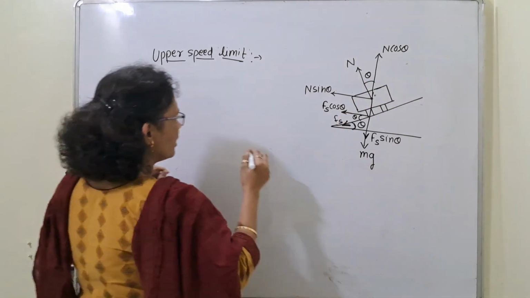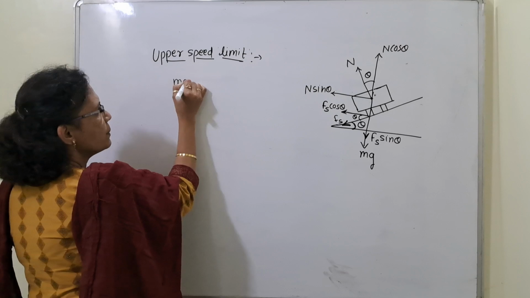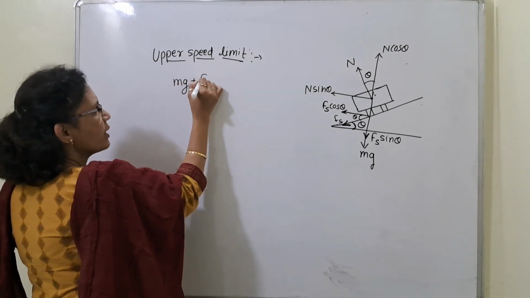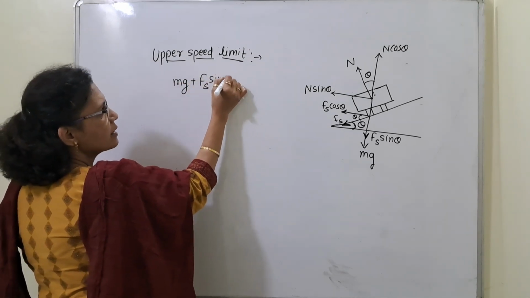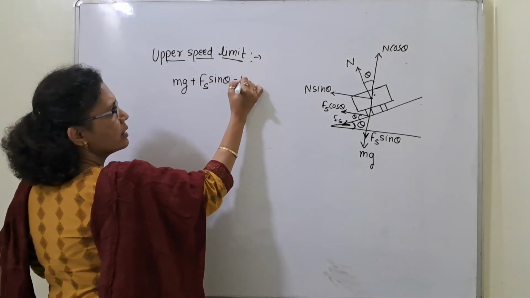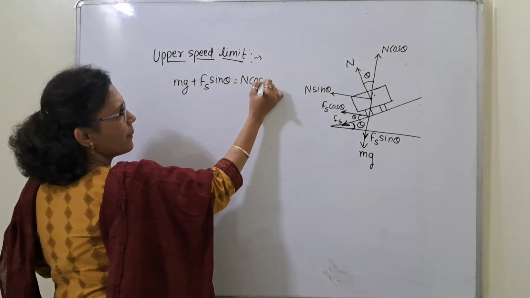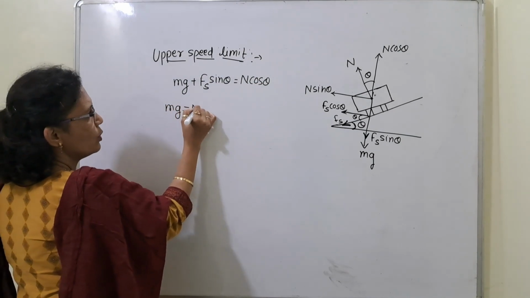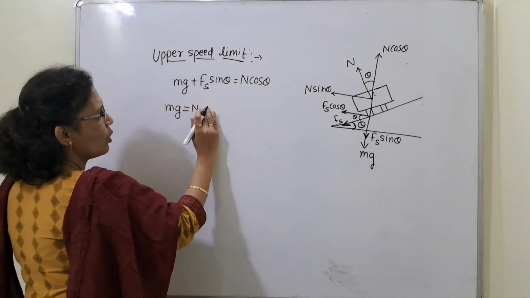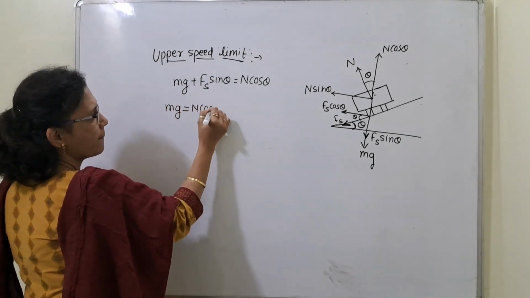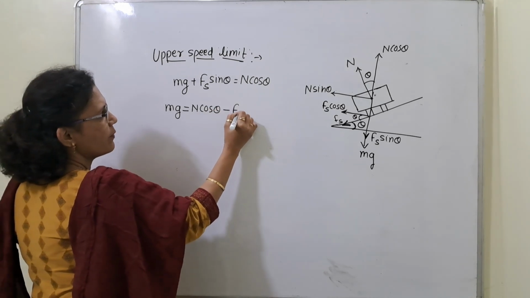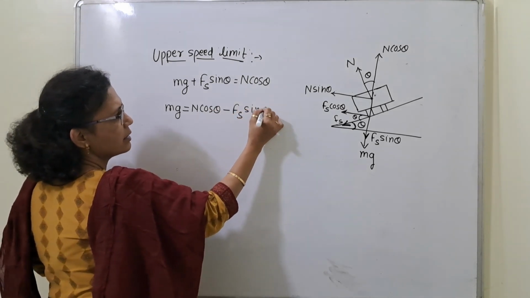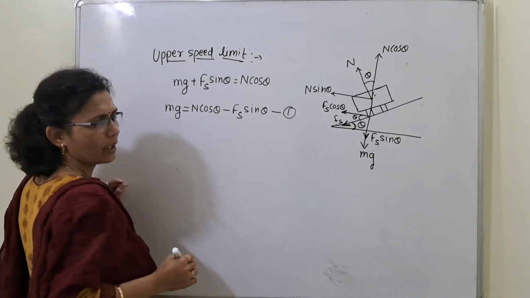So what can I write? mg plus Fs sin theta is equal to n cos theta. So I will write mg is equal to n cos theta minus Fs sin theta, equation number 1.